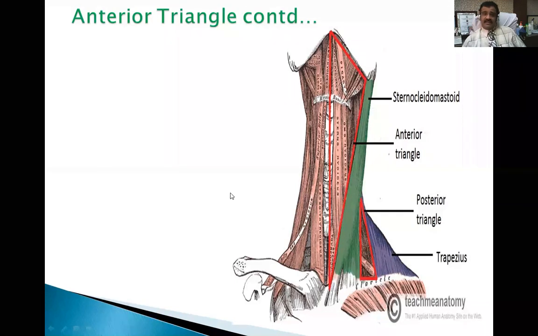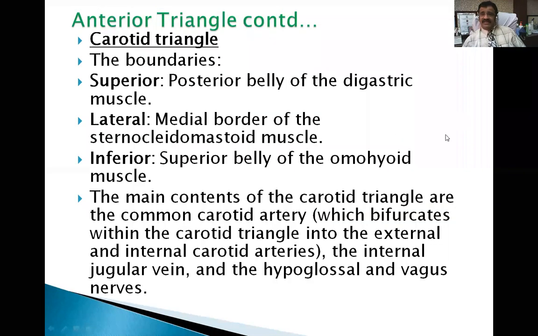Now, in the anterior triangle, the first subtriangle is the carotid triangle. The boundaries are: superiorly, the posterior belly of the digastric muscle; laterally, the medial border of the sternocleidomastoid muscle; inferiorly, the superior belly of the omohyoid muscle. The main content of the carotid triangle is the common carotid artery.